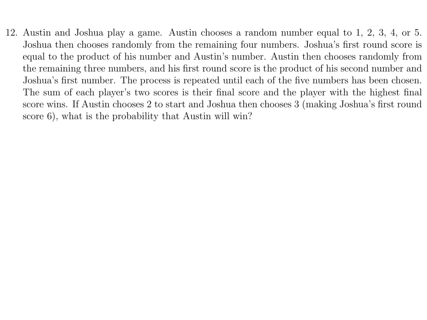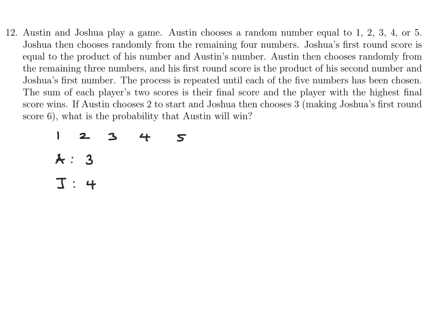Well, let's do a little bit of an example first. So we're starting off with these 5 numbers, and Austin, I'm just going to choose something at random. I want to illustrate this. So let's say he chooses 3, and then Joshua chooses 4, right?